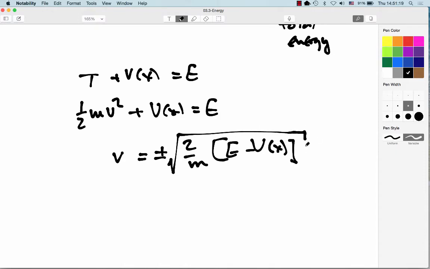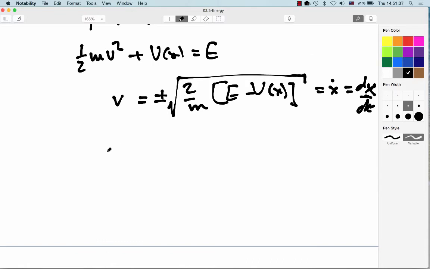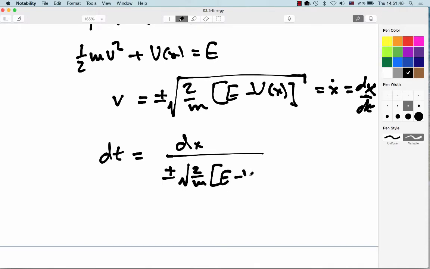Now, this, keep in mind, is x dot, or dx dt. So in principle, if not in practice, we can rearrange this to get dt all by itself on one side. On the other side, we have dx over plus or minus the square root of 2 over m times E minus V of x.